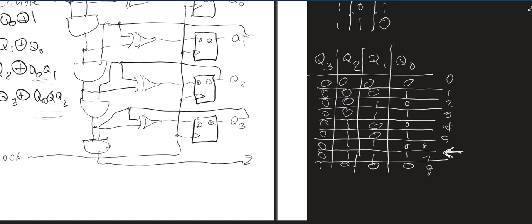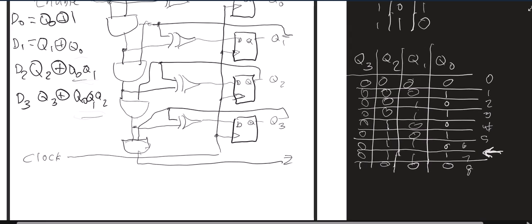So you're always anding together the least significant bits before the one that you're looking at. And you don't want to change it until that's 1.